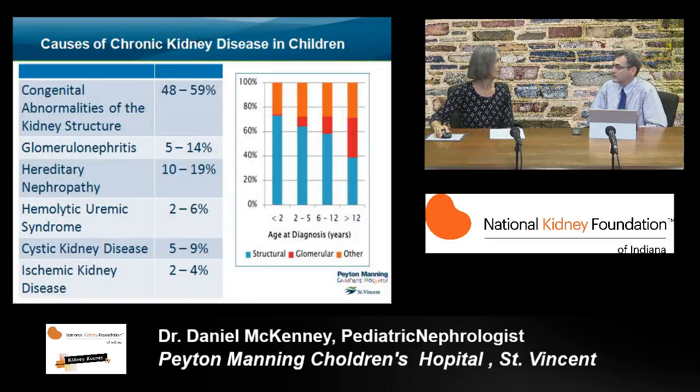There are certain hereditary nephropathies, where there can be abnormalities in certain genes that are involved in the development of normal kidney cells and the kidney tubules, that over time can cause chronic kidney disease and affect kidney function. That accounts for about 10 to 20%. There are also certain infections and toxins, like hemolytic uremic syndrome, that often will affect young children and can cause acute kidney failure and then subsequently lead to chronic kidney disease.